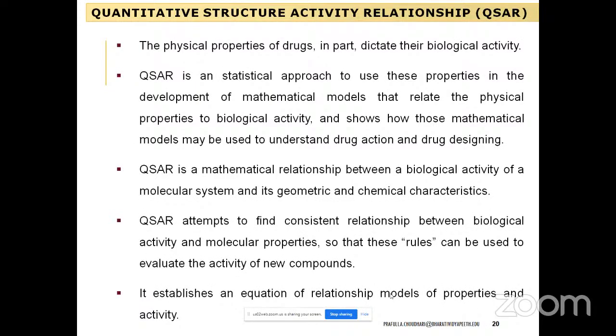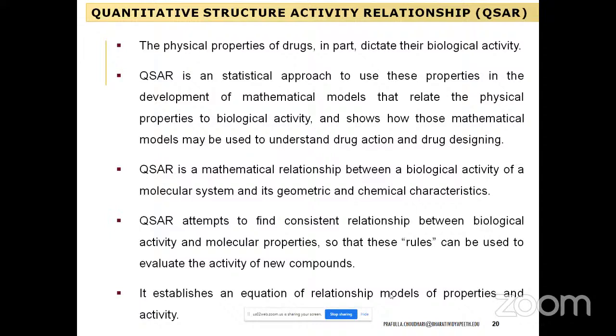Normally, when you look at QSAR in detail, the physical properties of a drug molecule in part dictate its biological activity. It means the physical behavior of the molecule is often used for the partitioning of the drug molecule, in the release of the drug molecule, or in target specificity.